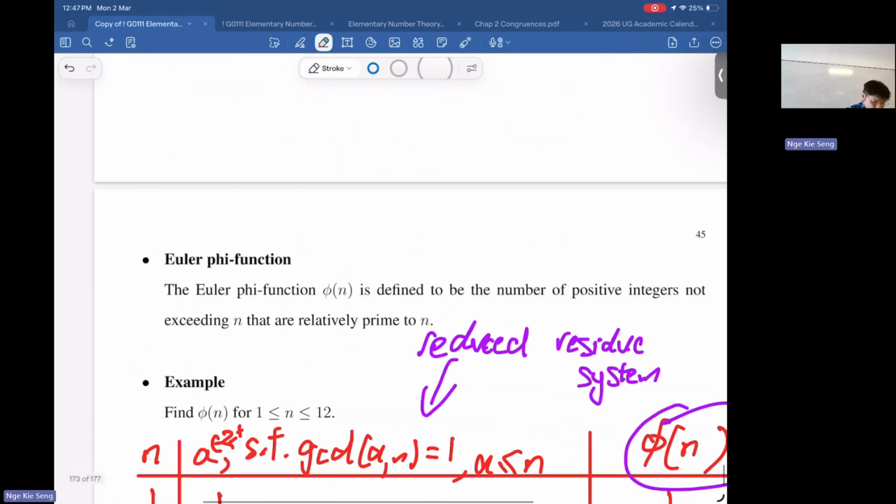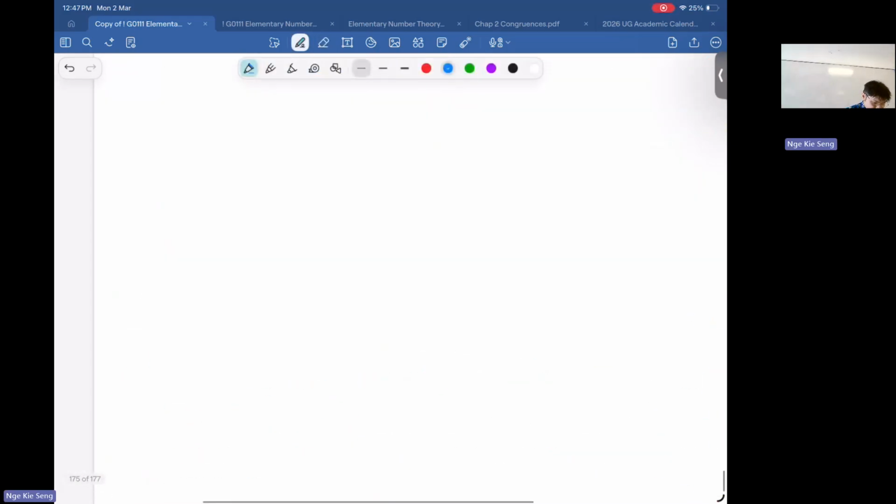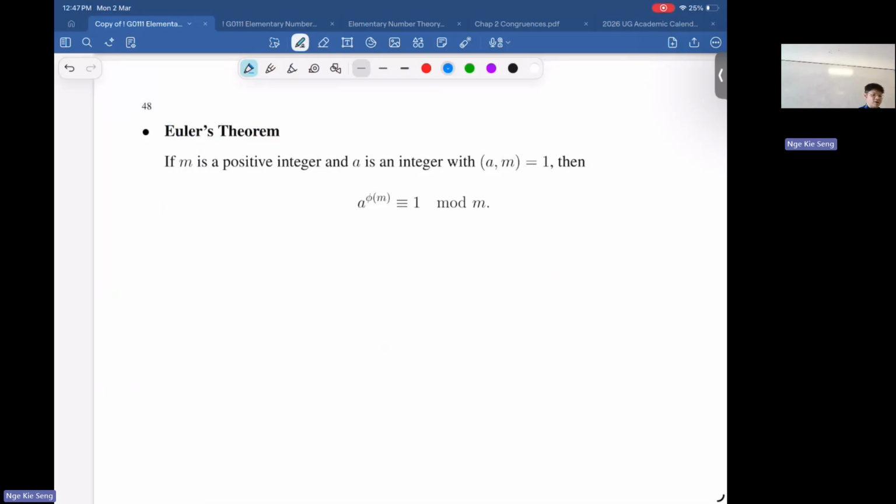Okay, let's continue. Then we have Euler's theorem. Generalizing Fermat's little theorem, instead of putting p minus 1 there, I will put phi of m. In this case, I don't require m to be prime anymore, because phi of a prime p is always p minus 1. So this is more general: a to the phi of m is congruent to 1 mod m.